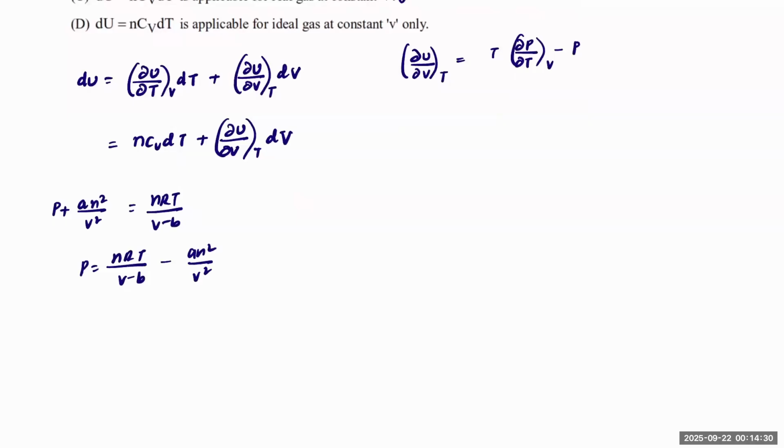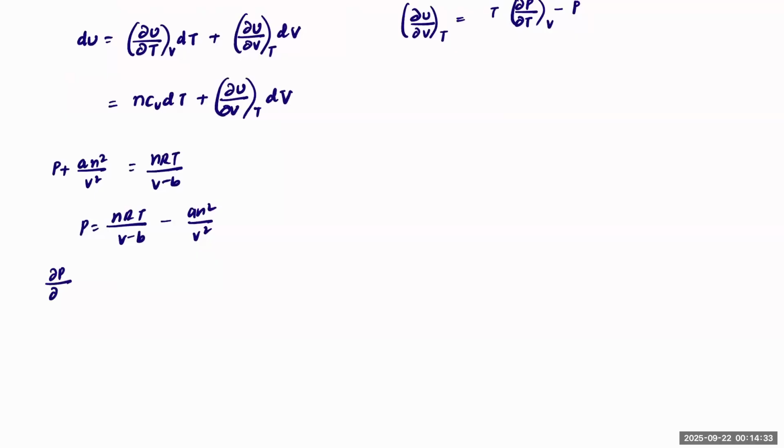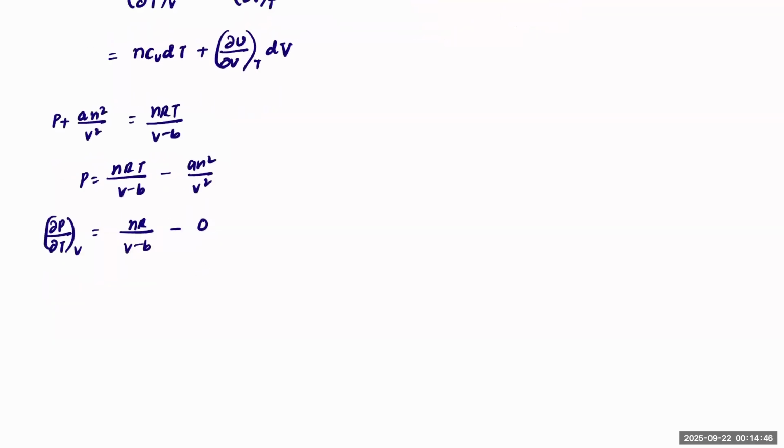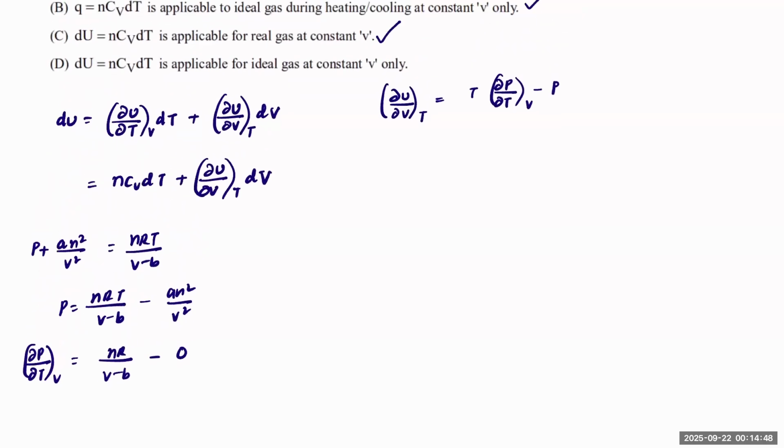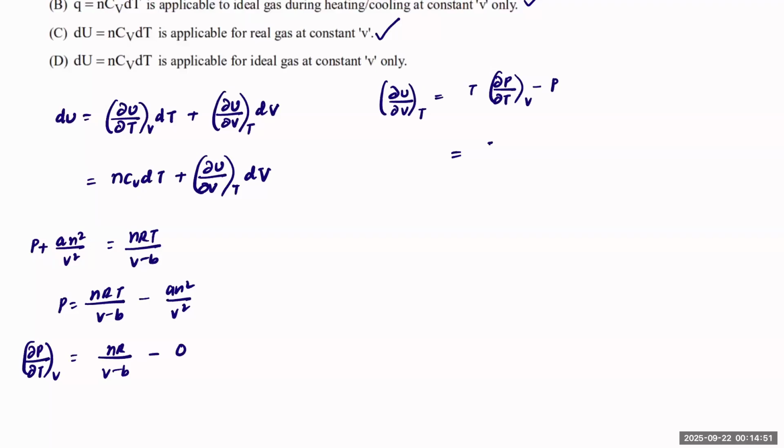Now if I differentiate this with respect to T at constant volume, the rest will be constant, so the second term will be zero because there is no temperature term. If I substitute this back, I get T into nR by (V minus nb), minus P. P is nRT by (V minus nb) minus a n square by V square. So this factor will get cancelled and this will become a n square by V square. Clear?